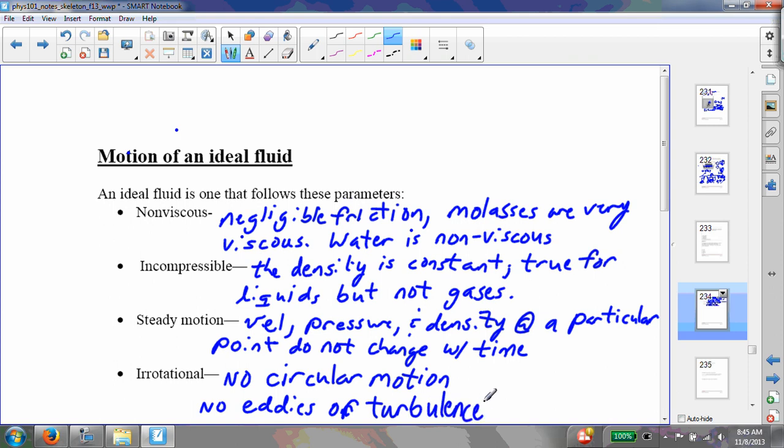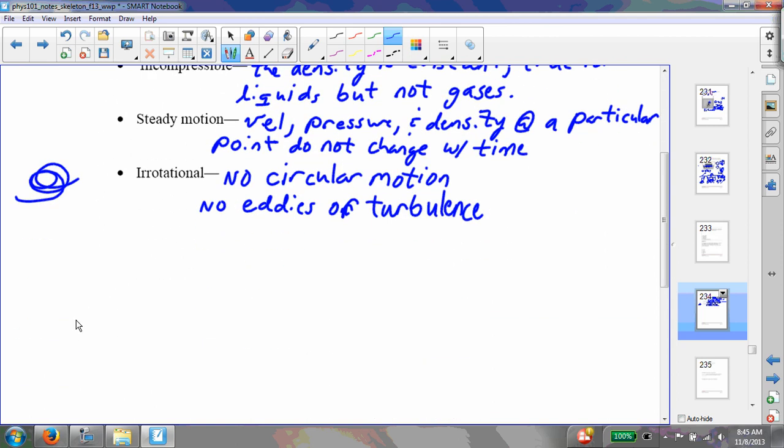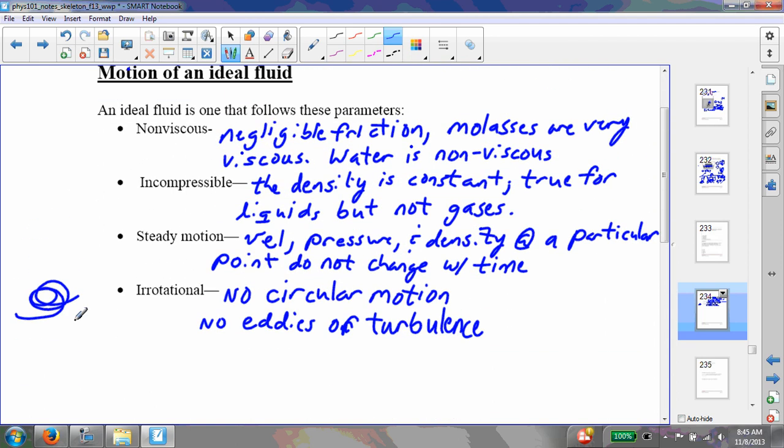An eddy is like when you get water that moves around in a circular pattern before moving on. So you don't have anything like that, no rotation at all. If you're an engineer and you're moving on, you'll have whole courses that are related to all this, but the math gets quite a bit more complicated when you're dealing with non-ideal fluids.